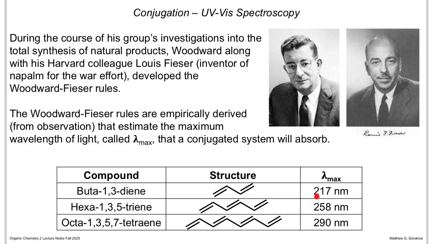That had this value, 217 nanometers. We add the third alkene here, that gets us to 258. We add the fourth, we're up to 290. So there's some trends that we can start seeing just based on the number of alkenes we add. And then if you remember, the lycopene had some methyl groups. How does that affect the number that's observed?